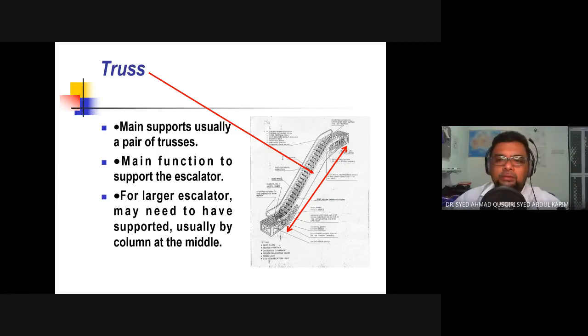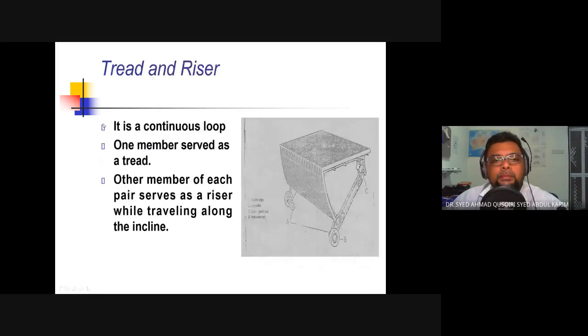It can be a cantilevered beam if the escalator is too high, or a column if the escalator is near to the floor or beam. This is the tread and riser. You can see the roller here.